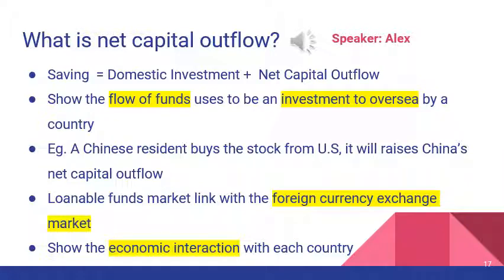What is net capital outflow? Saving equals domestic investment plus net capital outflow. Net capital outflow shows the flow of funds used for investment overseas by a country. For example, if a Chinese resident buys stock from the US, it will raise China's net capital outflow because the resident buys foreign stock.